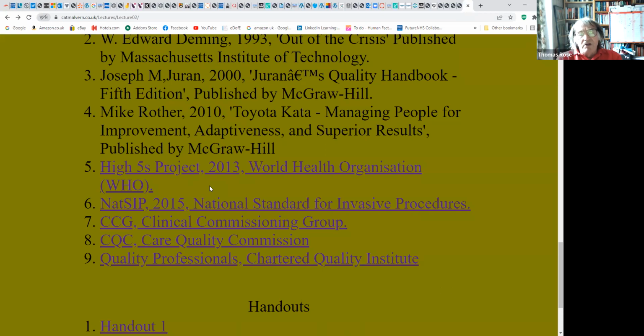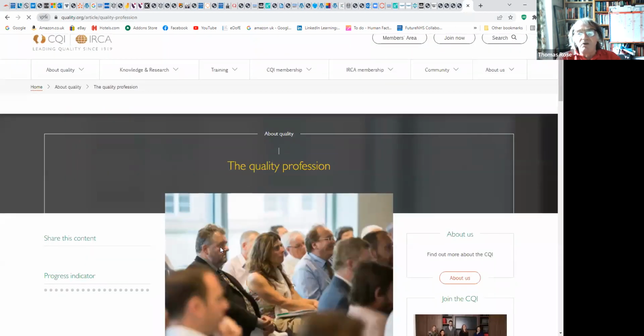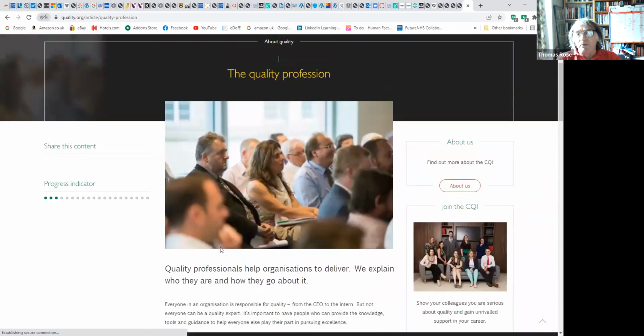I've included a link to the Care Quality Commission, which is really important to the NHS, because they're the people that inspect all of the services, of course. And I've included a link to the Chartered Quality Institute, which isn't very popular.